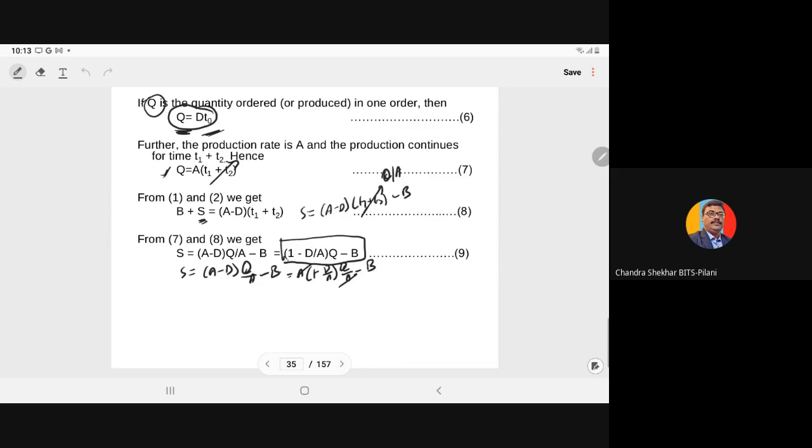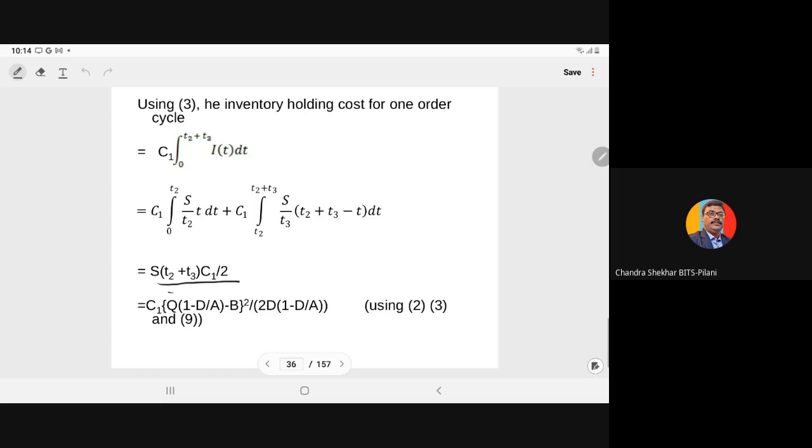From there, S can be written as (A minus D) into (T1 plus T2) minus B. And we know that T1 plus T2 is equal to Q upon A. When we put Q upon A here, we get S is equal to (1 minus D upon A) into Q minus B. After that, we start to compute the holding cost.